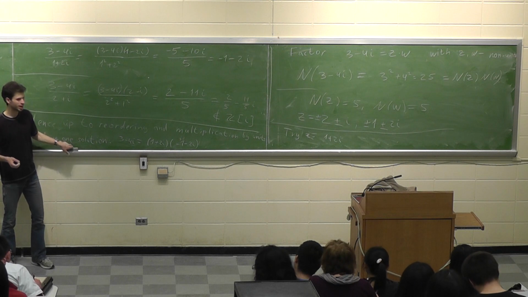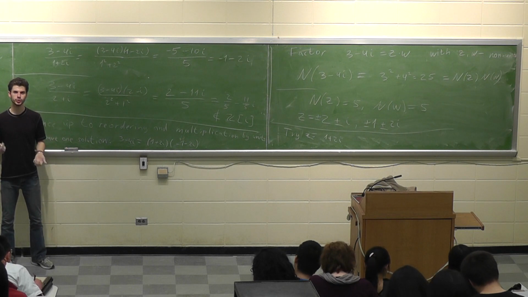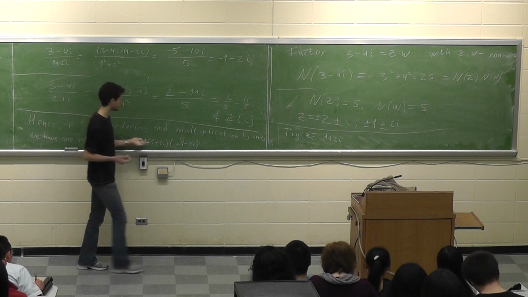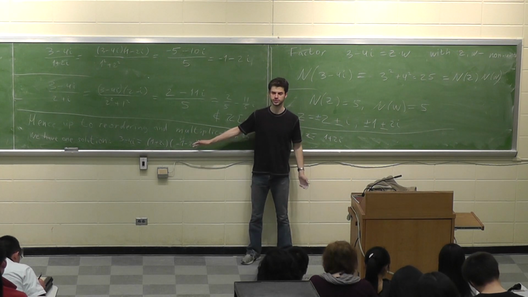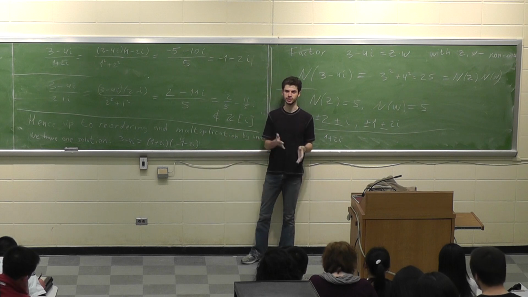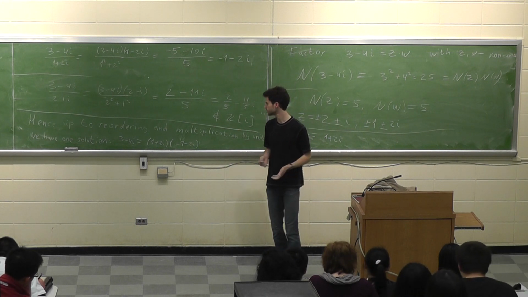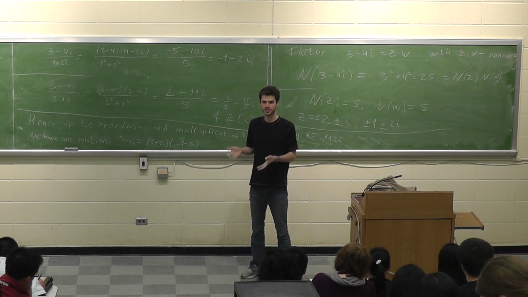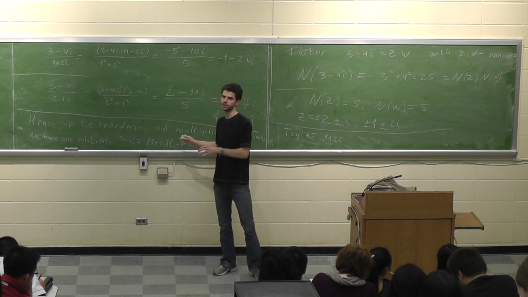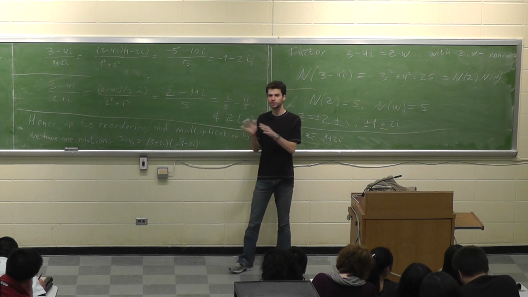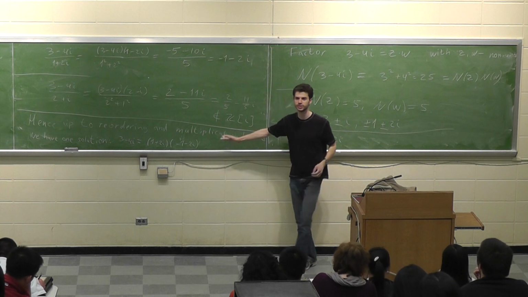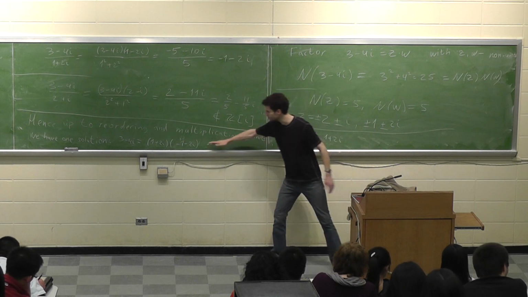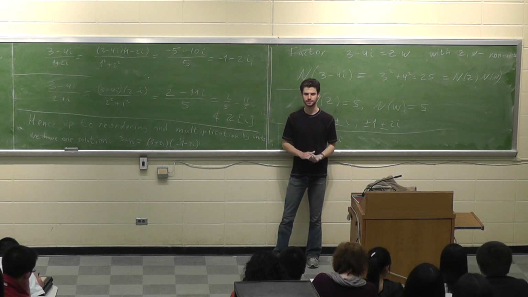Well, I said up to reordering, multiplication by units and so on. Of course, I can multiply, say, this by i, and then I have to multiply this by minus i, then I get another solution. So we'll have several solutions, but up to multiplication by units and up to reordering, of course you can change the order of the brackets, there are only these four solutions. Well, only basically this one solution.